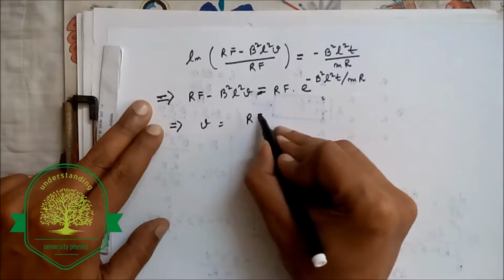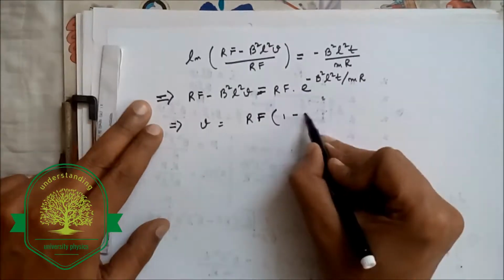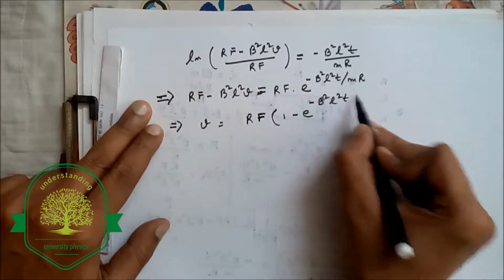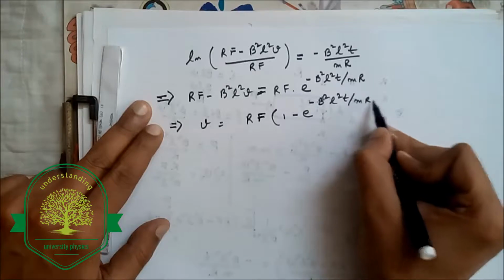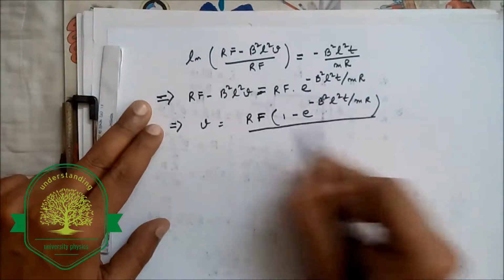So I'm bringing the Rf terms to one side, 1 minus e to the power of minus b square L square t over mr, all divided by b square L square.